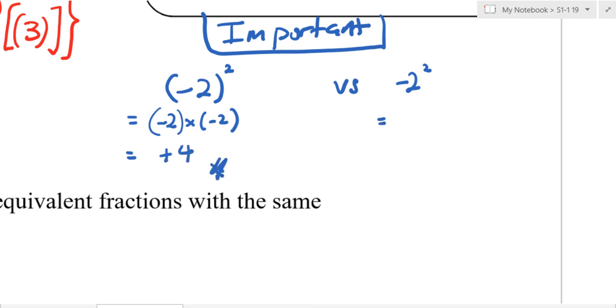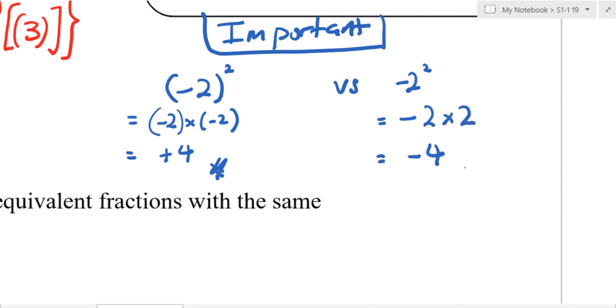Now, you try the bracket. Everyone try the calculator. Bracket, -2, close bracket, square. You get 4. But the other one, because the calculator is stupid. Not you, but the calculator is not clever. So the calculator will think you want this. You understand?